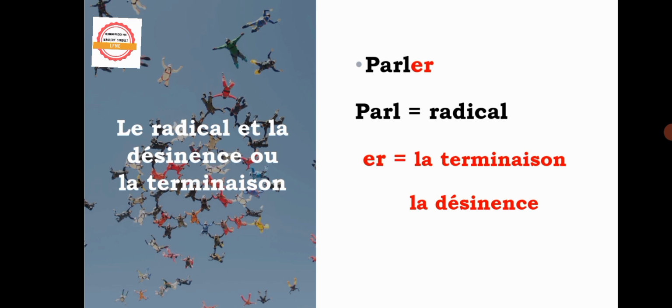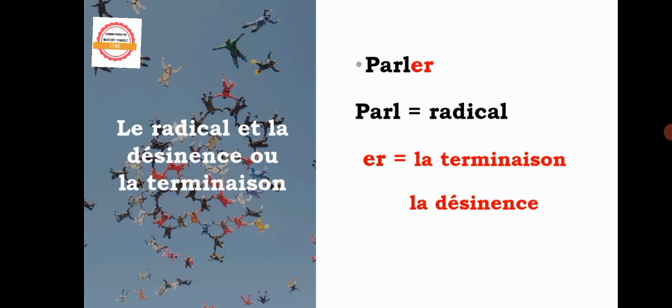Any verb of first group in infinitive form has two parts. Namely, we have le radical and then la terminaison or la désinence. La terminaison or désinence is the ER. We said in our previous video that verbs of first group end in ER.